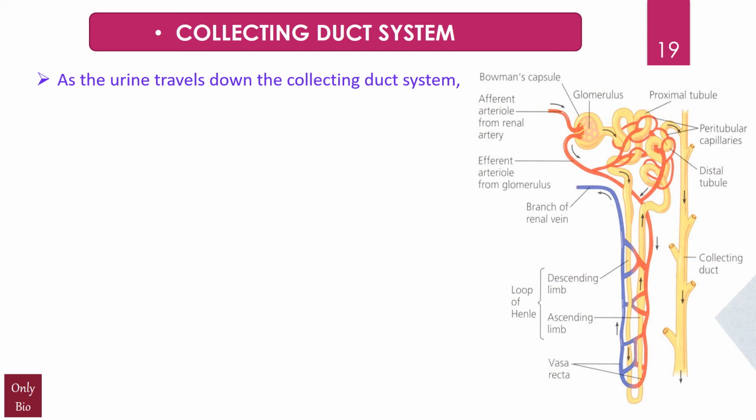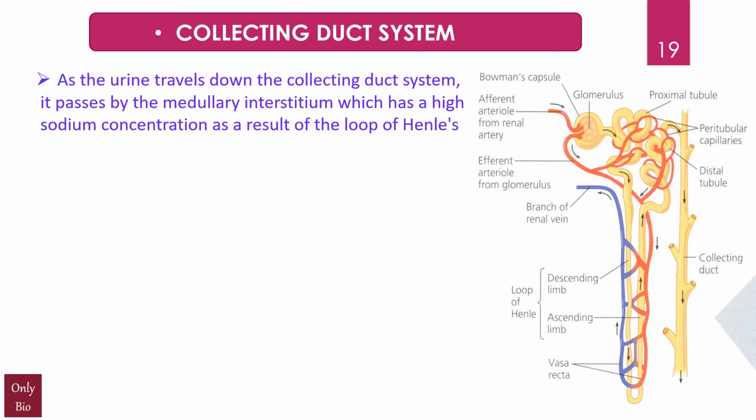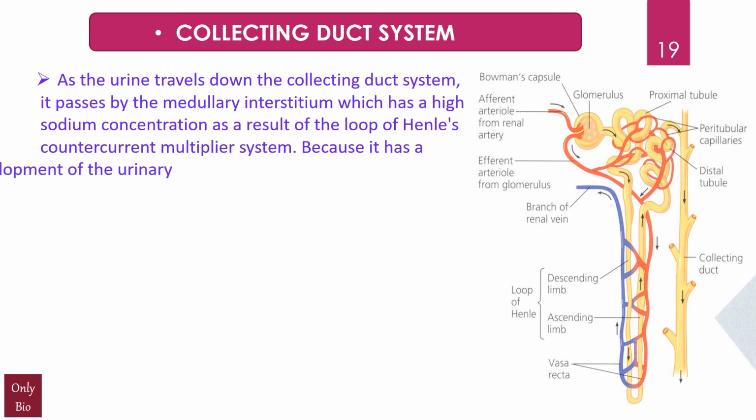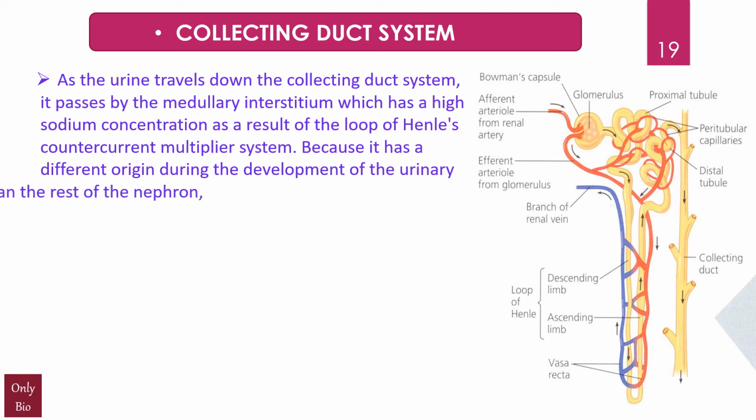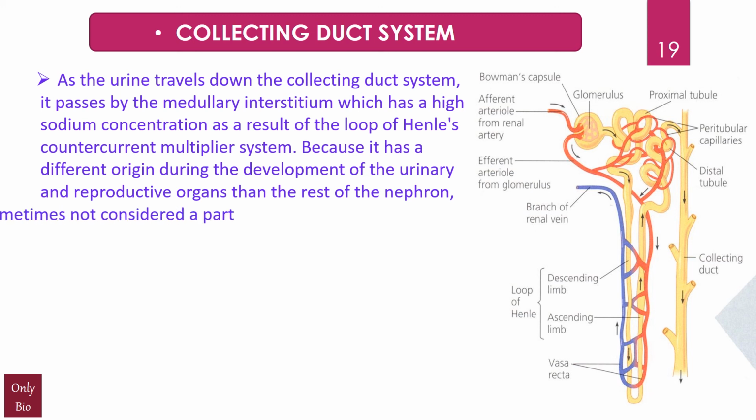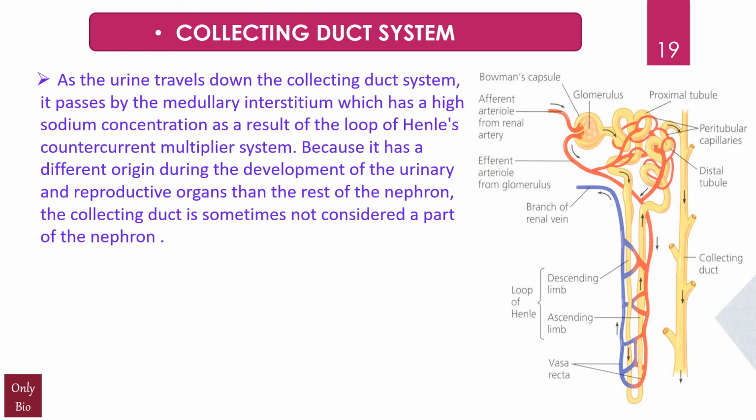So, as the urine travels down the collecting duct system, it passes by the medullary interstitium, which has a high sodium concentration as a result of the loop of Henle's countercurrent multiplier system. Because it has a different origin during the development of the urinary and the reproductive organs than the rest of the nephron, the collecting duct is sometimes not considered to be as a part of the nephron.